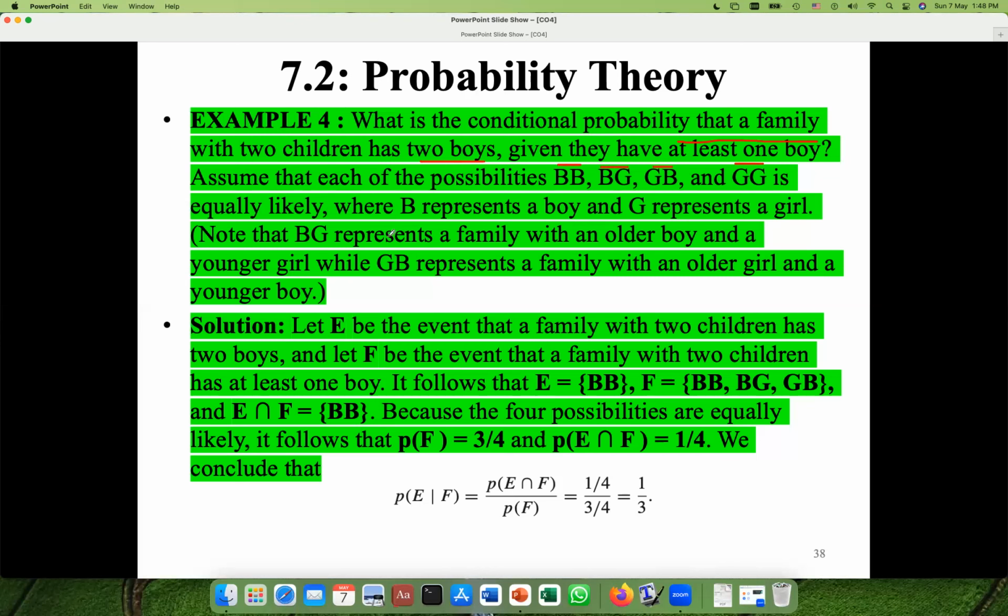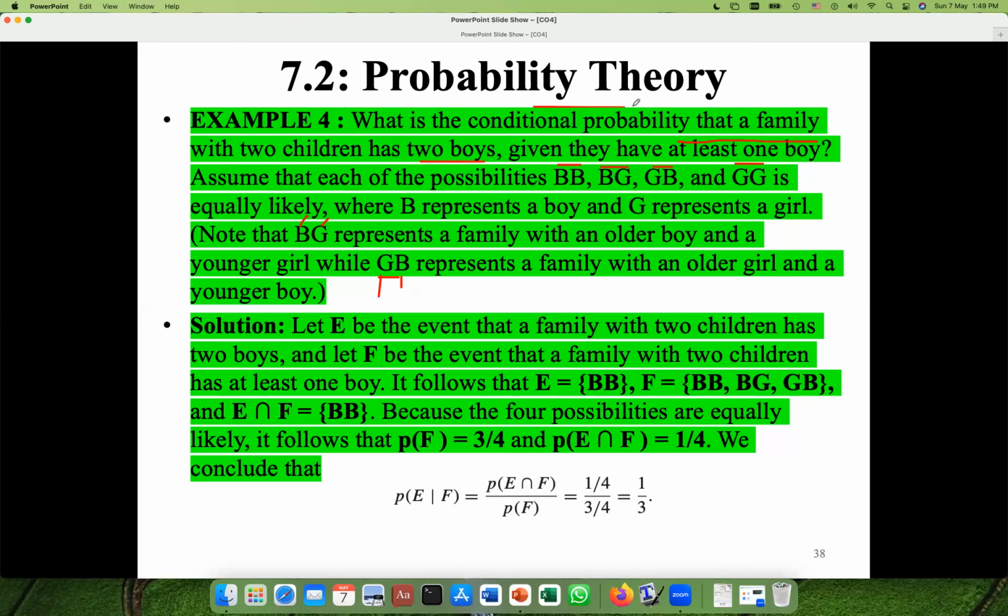Note that BG represents a family with an older boy and a younger girl, and with GB the girl is older. This is additional, extra information.